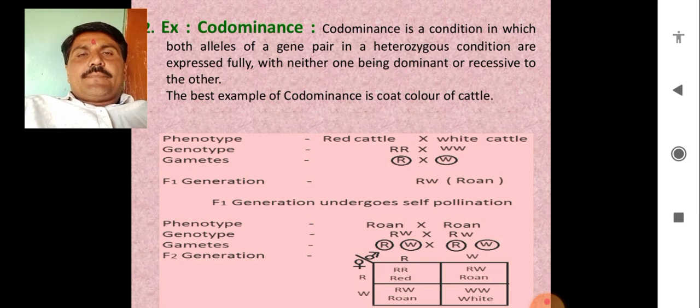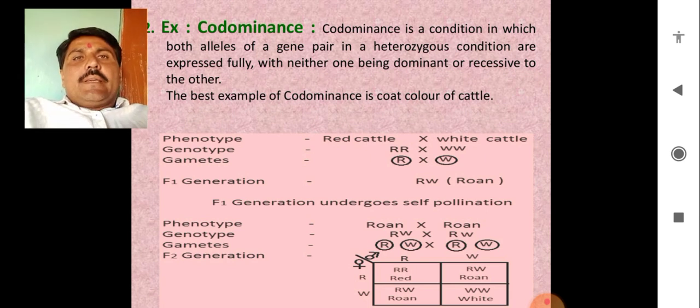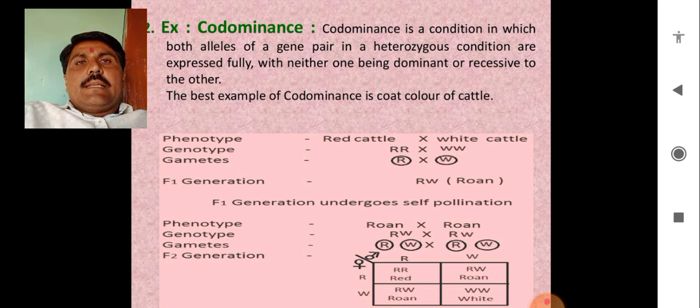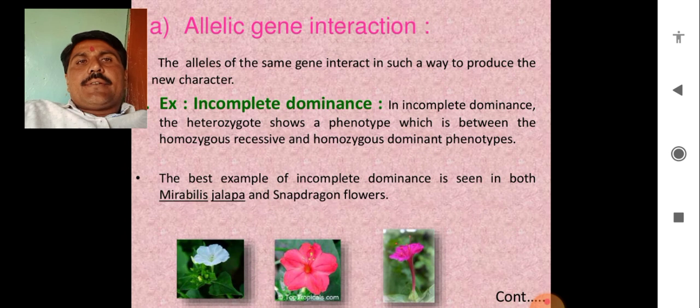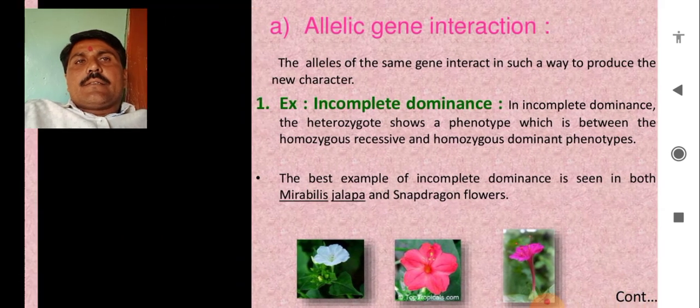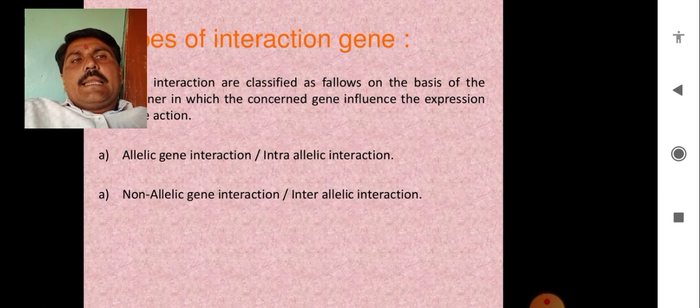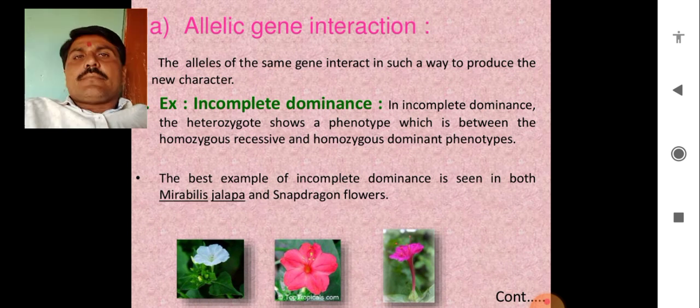As we are here to learn gene interaction, we saw that genes interact in two ways, that is, allelic interaction and non-allelic gene interaction.